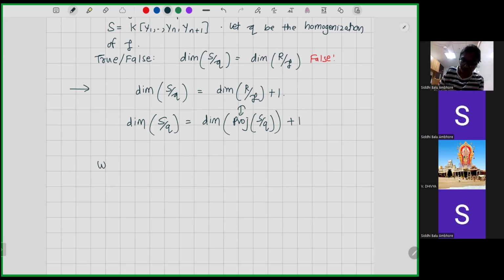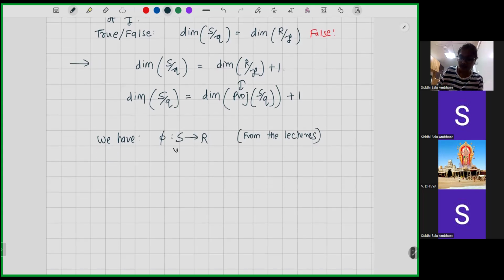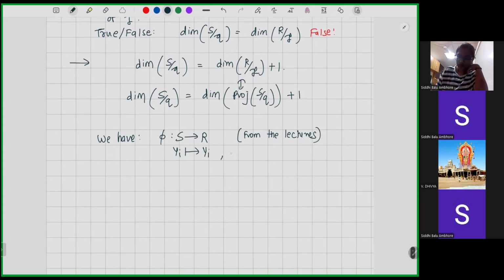So we have this map phi defined in the lecture from S to R, where yi goes to yi for 1 ≤ i ≤ n, and y_{n+1} goes to 1. If you remember, this is the map which we had defined in the lecture.